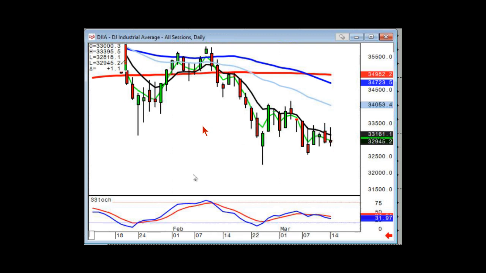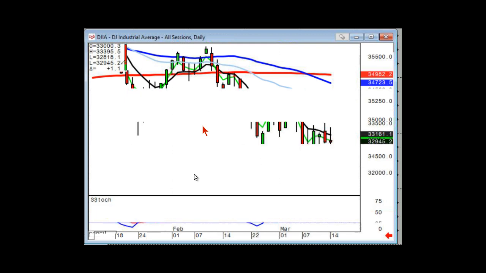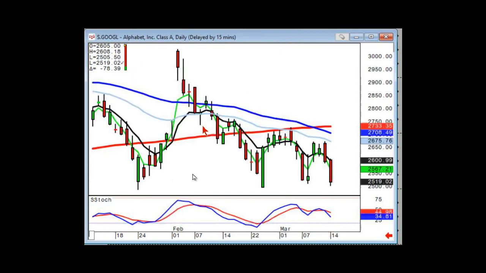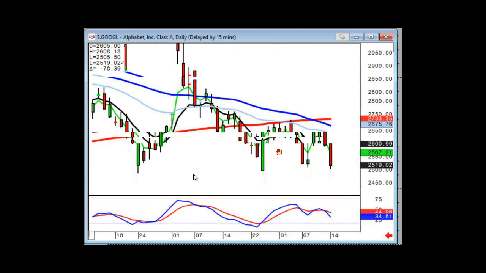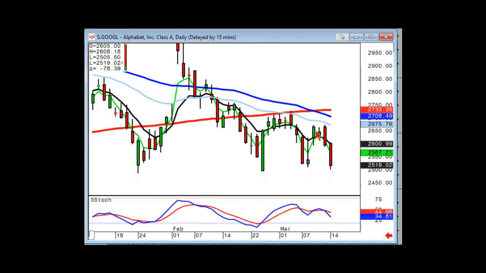Didn't work for Google. Yes, I should qualify that by saying, well, but it did work. You're right. Didn't work. But this is where you want to get confirmation on. That looks like a very strong signal, but it didn't confirm the next day, and then it closed back below the T-line.